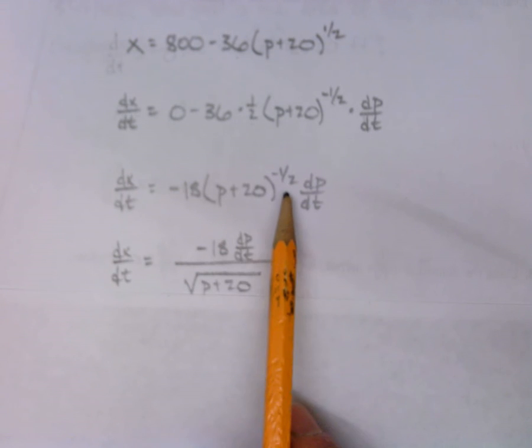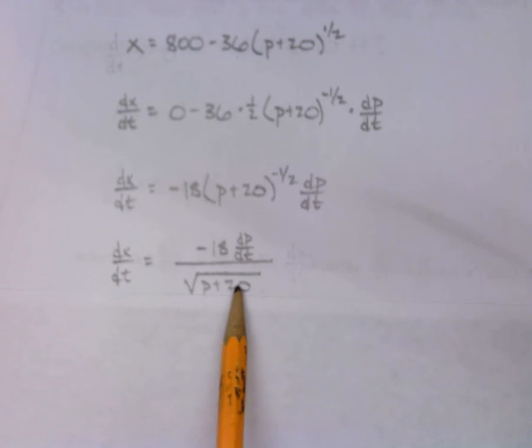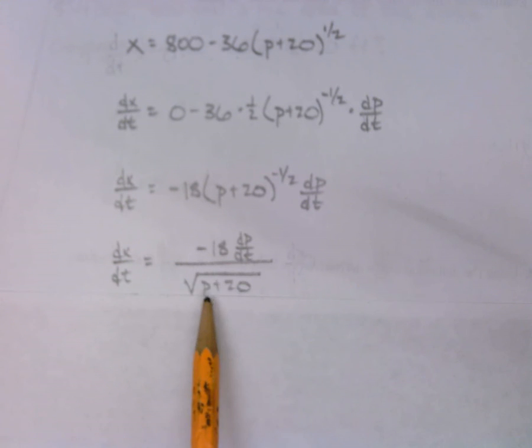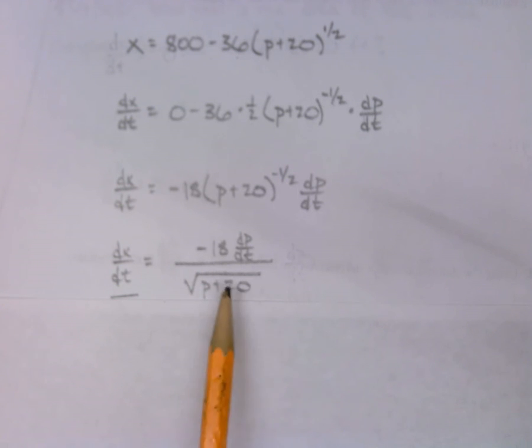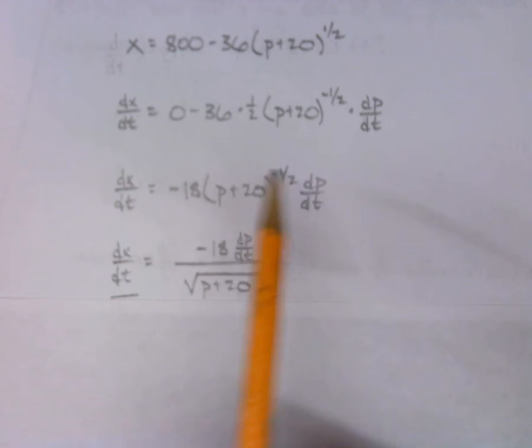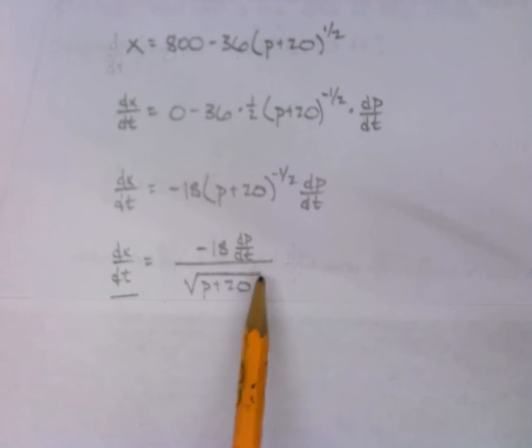So dx over dt equals negative 18 dp over dt, all divided by the square root of P plus 20. I really like this form if we have to plug values in. I mean, sure, this works just as well, but I can see much clearer what's happening when I write it this way if I'm going to plug numbers in, right?